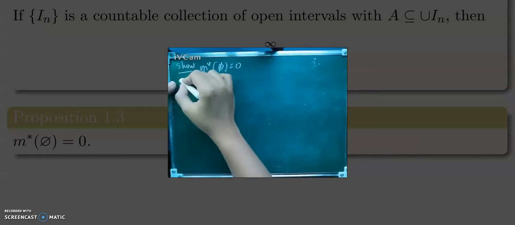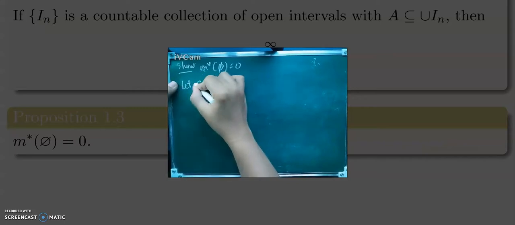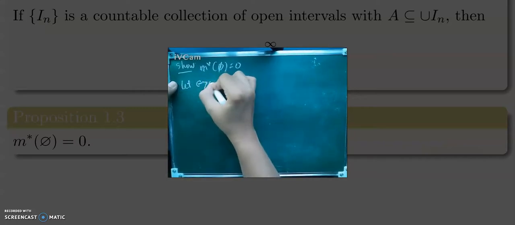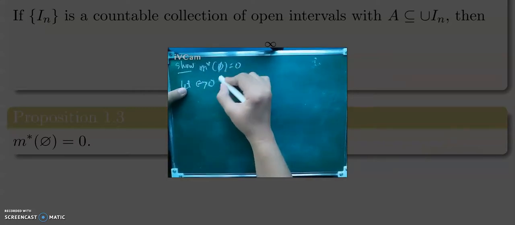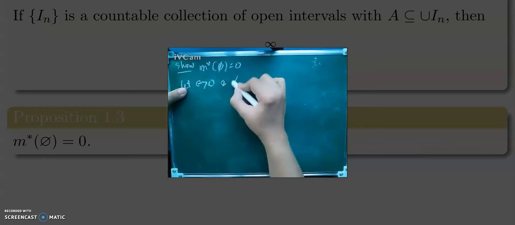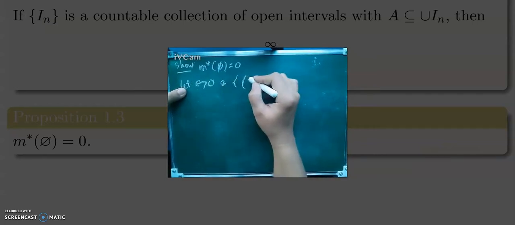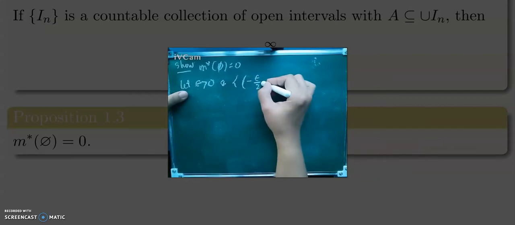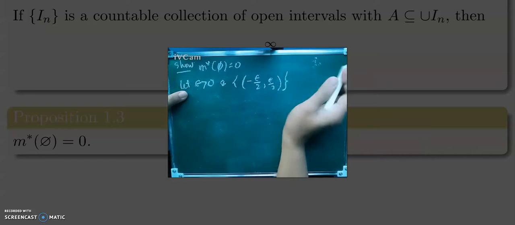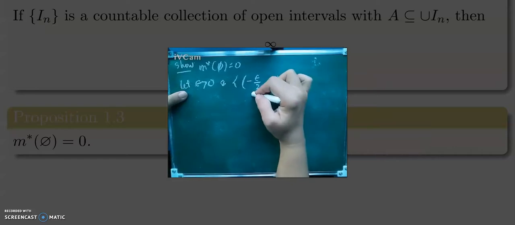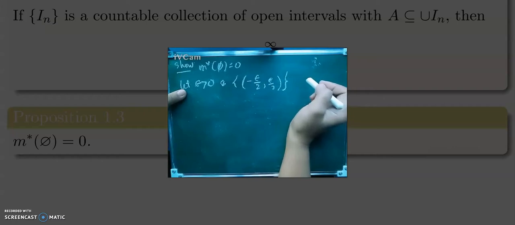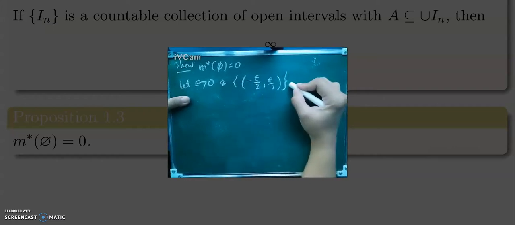Here, we let epsilon be greater than 0. We use epsilon in our collection, so we have this one. Say, for example, we have this as our collection that covers the empty set. Obviously, it covers the empty set. Why?